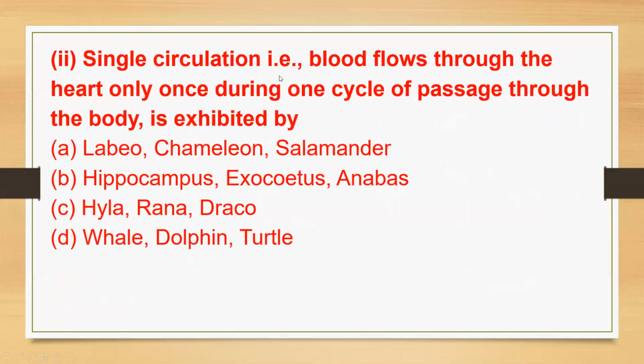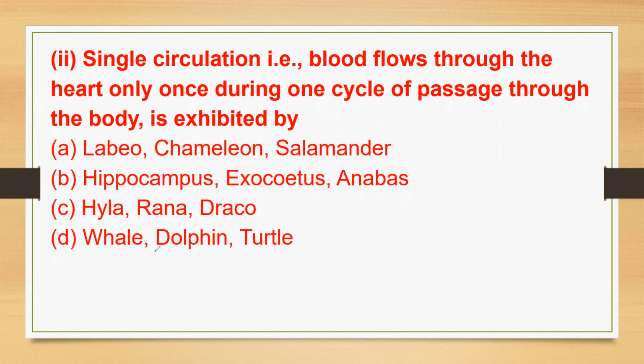Single circulation, that is, blood flows through the heart only once during one cycle of passage of blood through the body, is exhibited by: you can see here option A, labeo, chameleon, salamander. B, hippocampus, exocoetus, anabas. C, hyla, rana, draco.